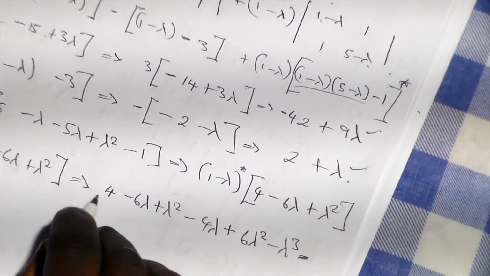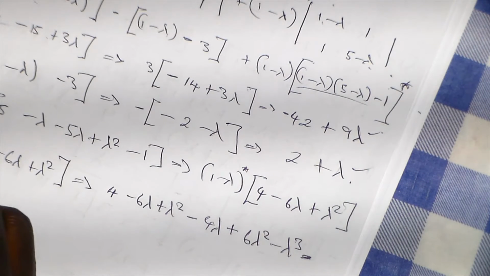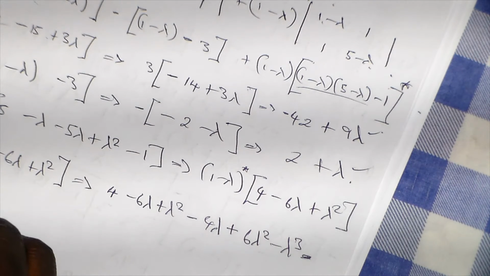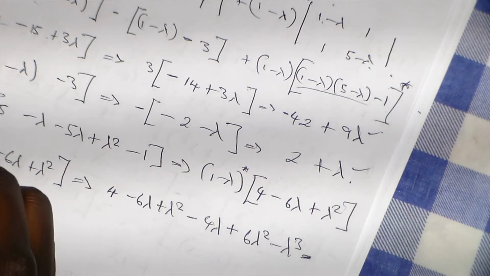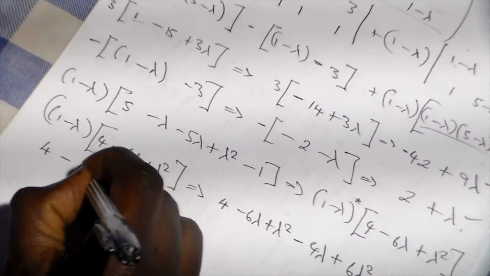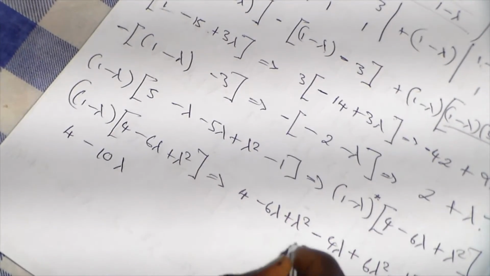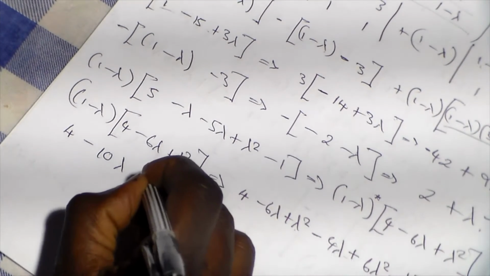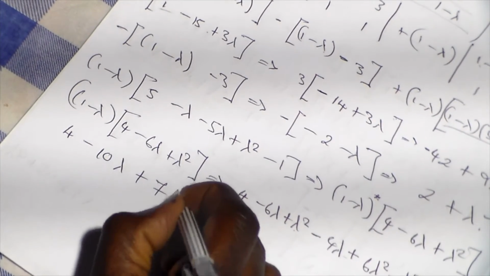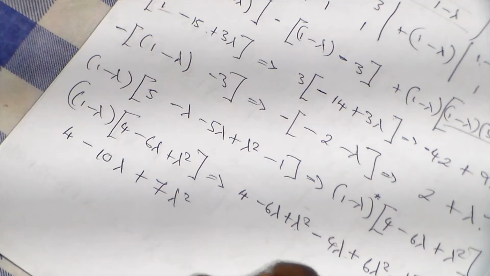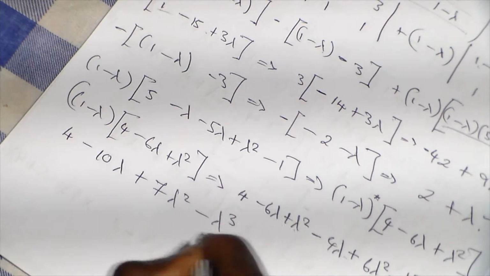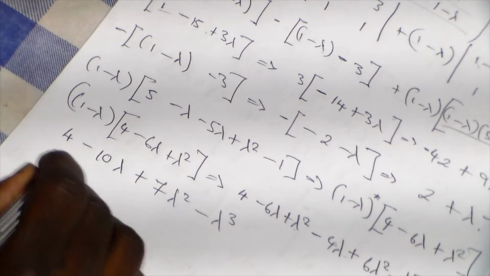If I simplify further, I'm going to get 4 minus 10 lambda plus 7 lambda squared minus lambda cubed, like this.